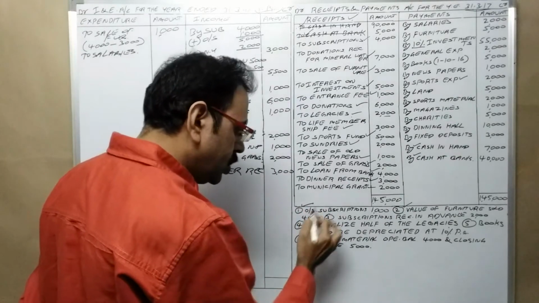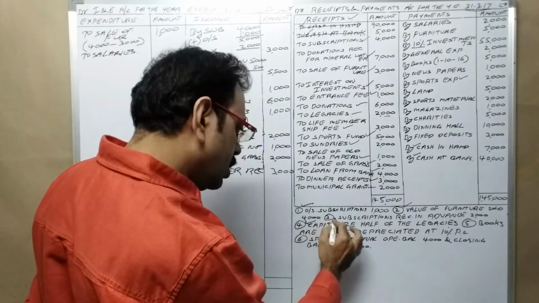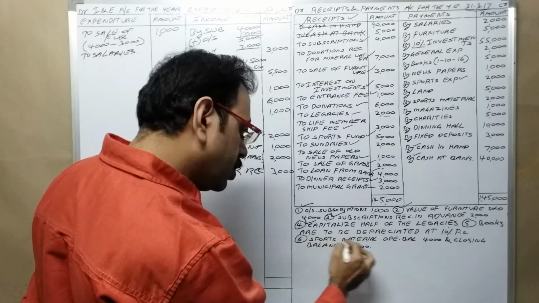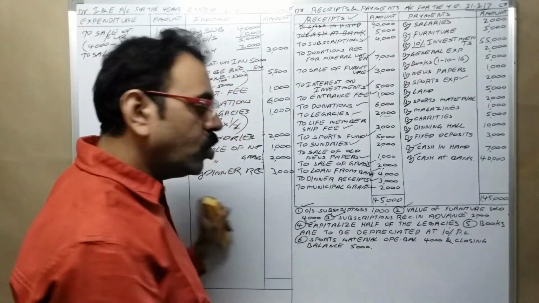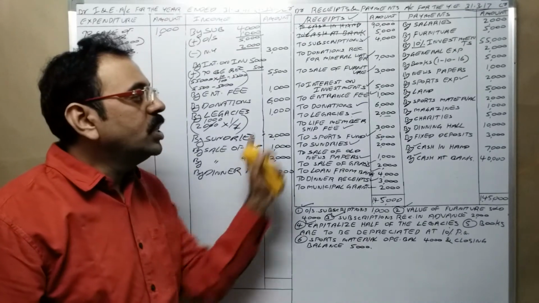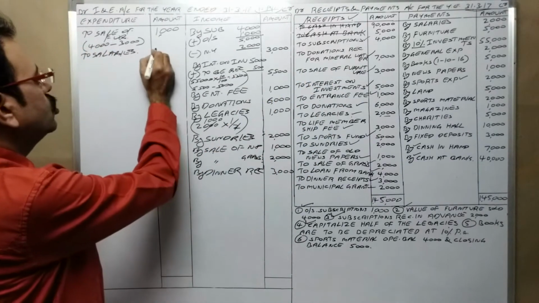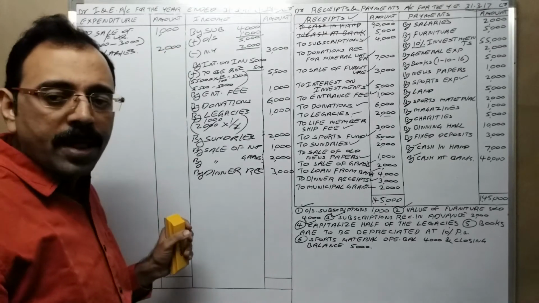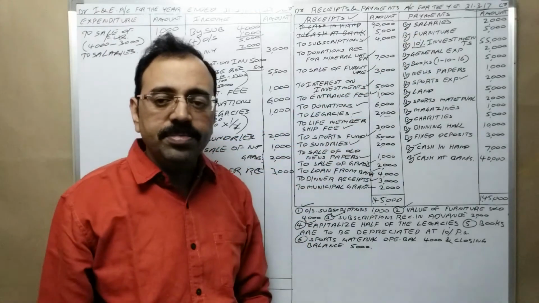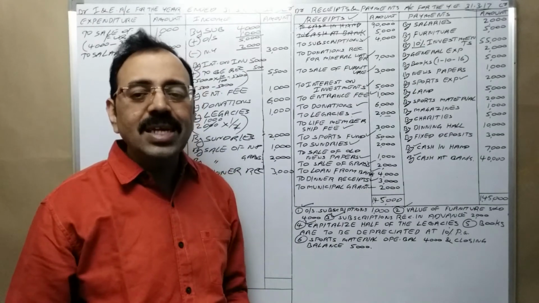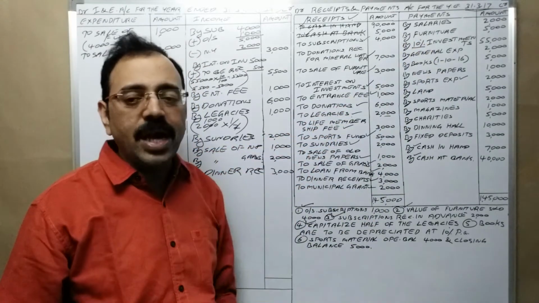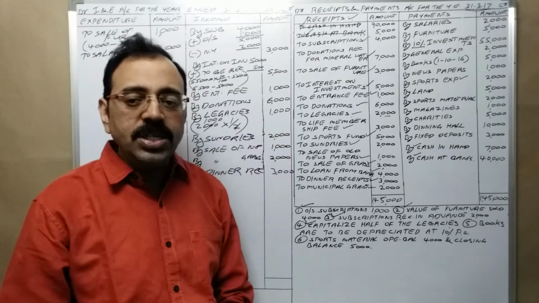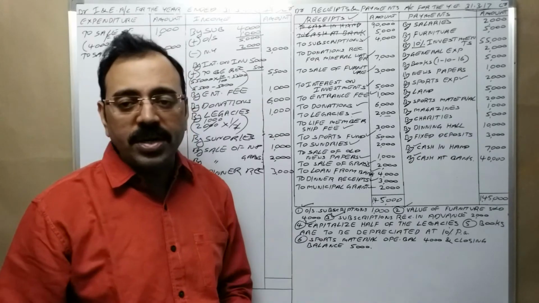See, this is over, subscriptions over, sports material. Yes, there is no adjustment regarding this. Therefore, salary is 2000 directly in the outer column. Next, furniture. Whenever any fixed asset name is given on the payment side, then the meaning is that in the current year we purchased it and we paid money for that.